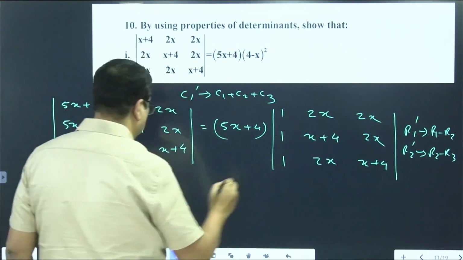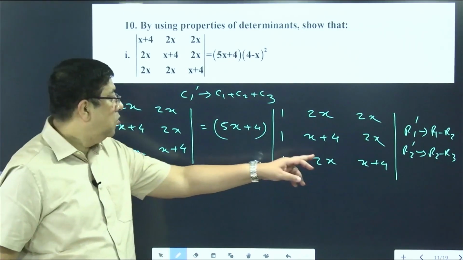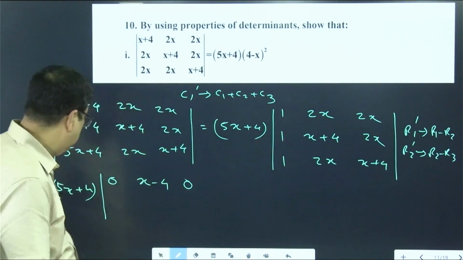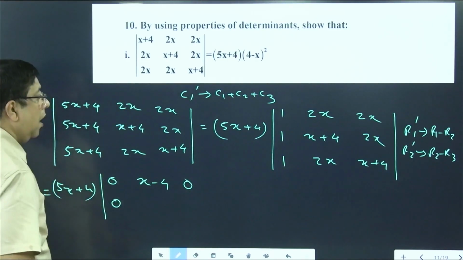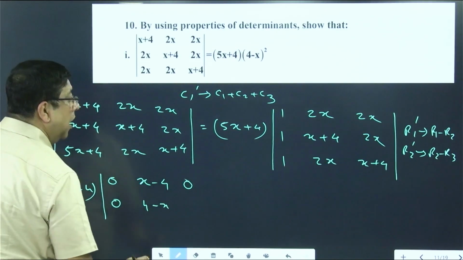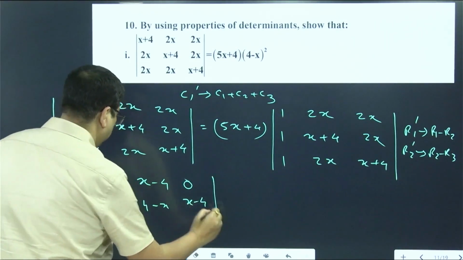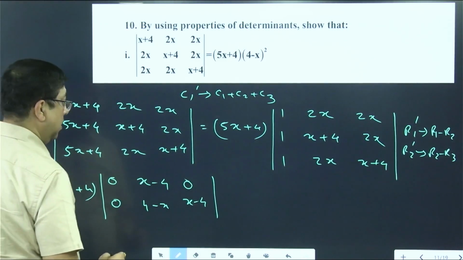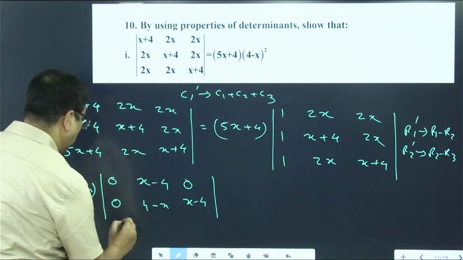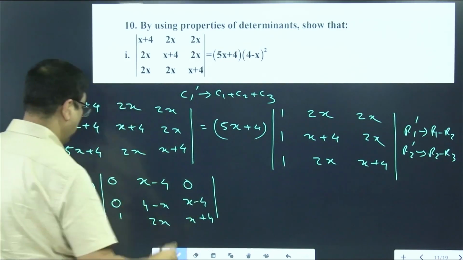So 2x minus 2x, 0, there are number of zeros we got, and once again R2 minus R3, 1 minus 1, 0, and here it is coming 4 minus x, and this is x minus 4, and here it is 1, 2x, x plus 4.